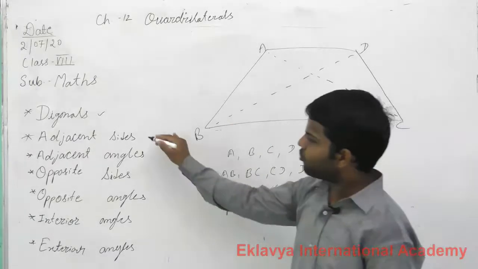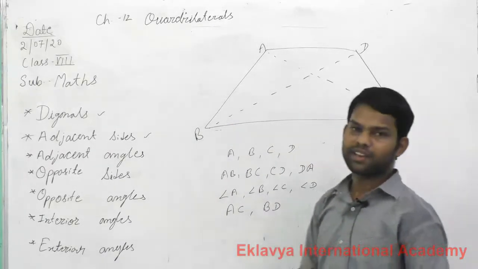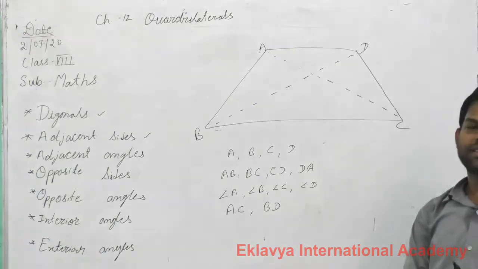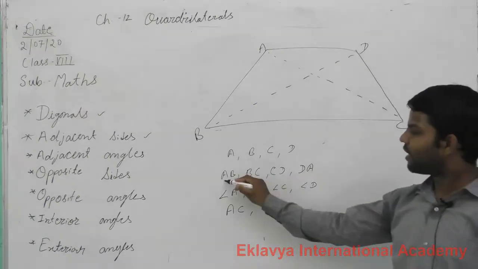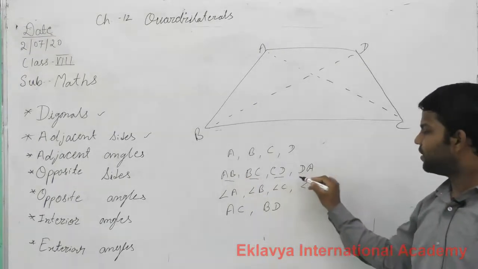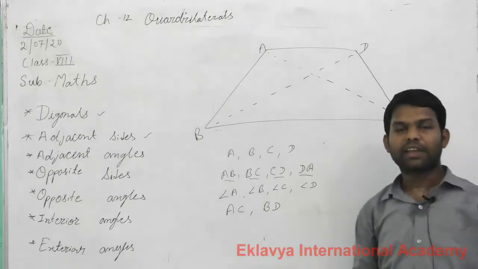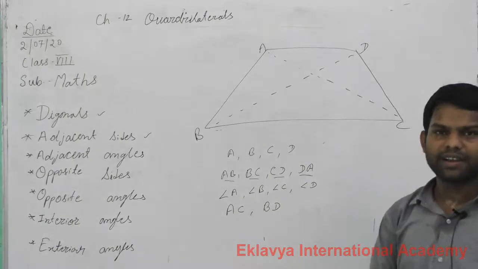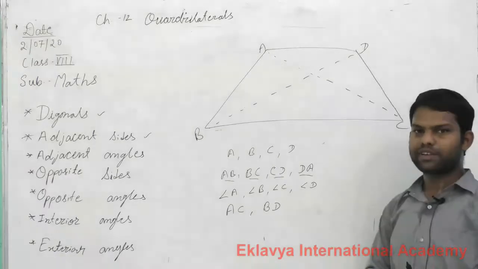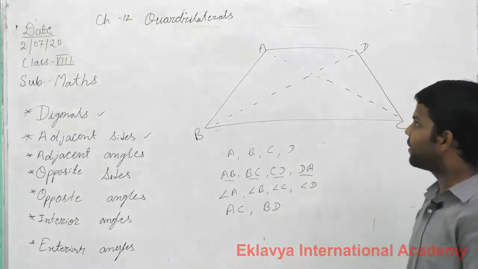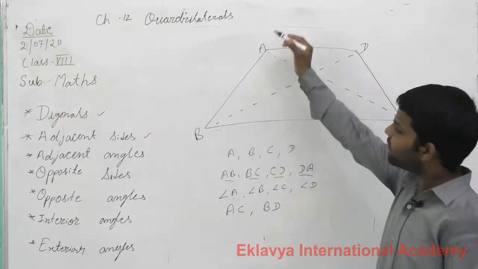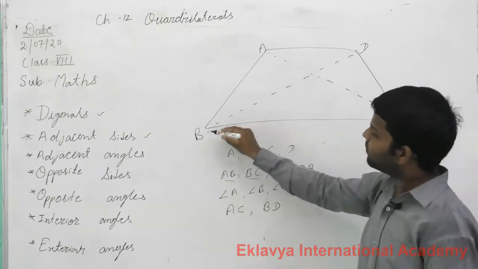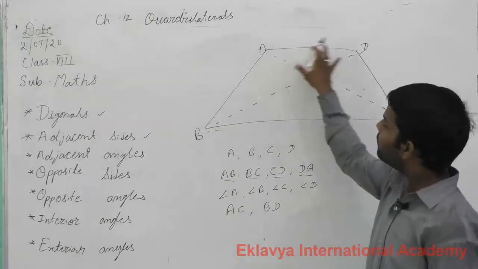Now second topic is adjacent side. In the quadrilateral we read about the sides. Sides are AB, BC, CD and DA. In these sides we have two parts. First is adjacent side, second is opposite side. Adjacent sides are nearby sides, like AB is nearby of BC, otherwise AD.